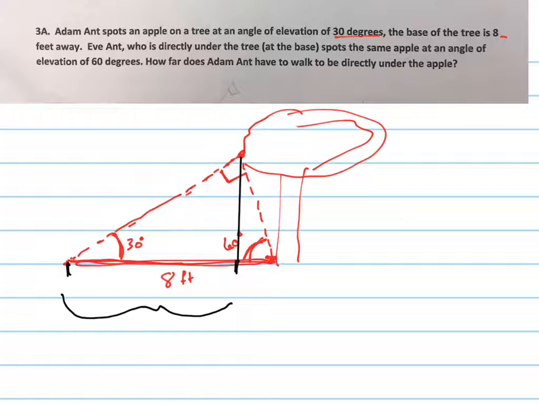First of all, we've got a couple different triangles here. So this full thing, the whole red base, is 8 feet, from there to there. But they want to know what this black section is, from here to there. That's what they're asking us. Let's call that X, because that's what we're trying to find.